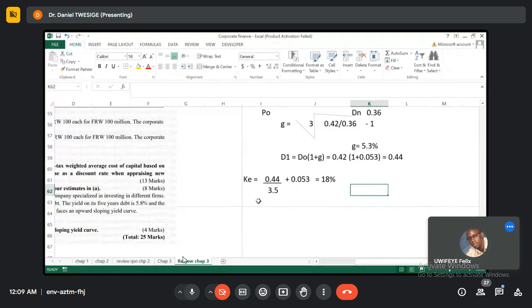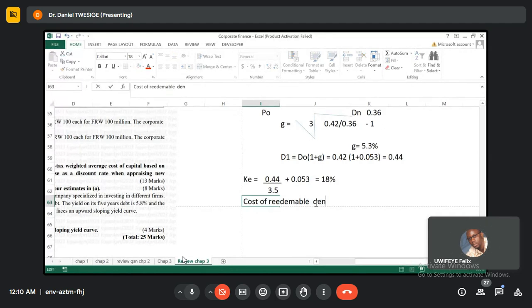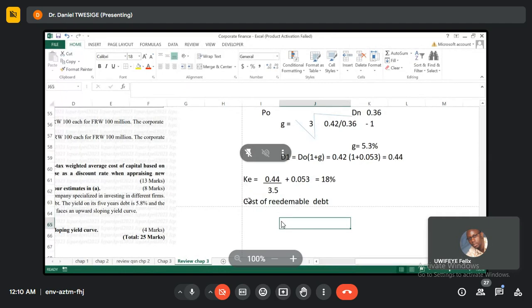So my issue is on cost of redeemable debt, and someone did not give enough data on a redeemable. When is it redeemed? That data is not given. I don't know whether I'm the only one reading it wrongly, or you are also seeing the same information.